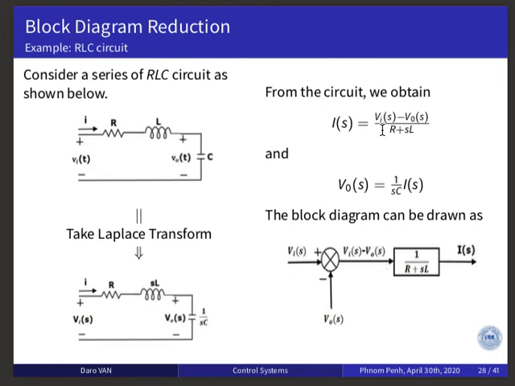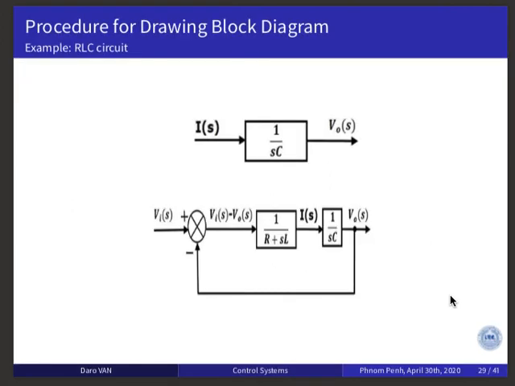So 1 over R plus sL times I(s), this block. And you can also write a relationship between I(s) and V0(s). And finally, the relationship between Vi(s) and V0(s) can be obtained from the previous equations.